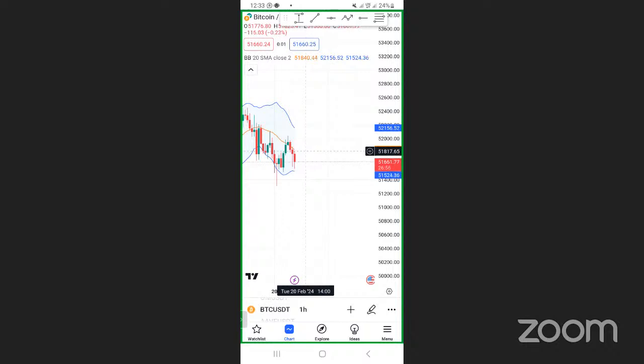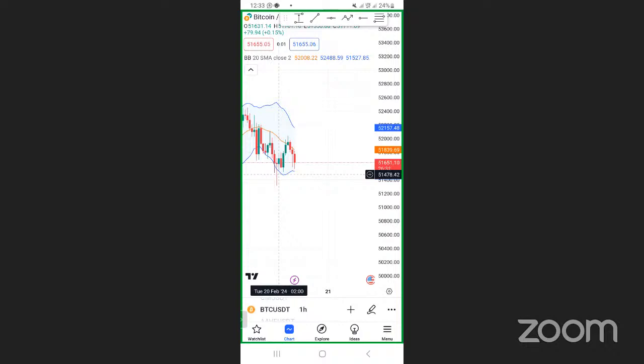Like I've told you, the price prefers being in the middle of the band, but the sellers will push it below the moving average, and then the buyers will also push it above the upper band. So when we see that the prices are below the lower band, it means that they are overstretched.